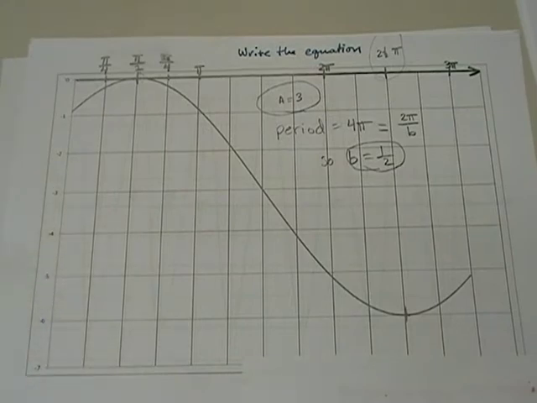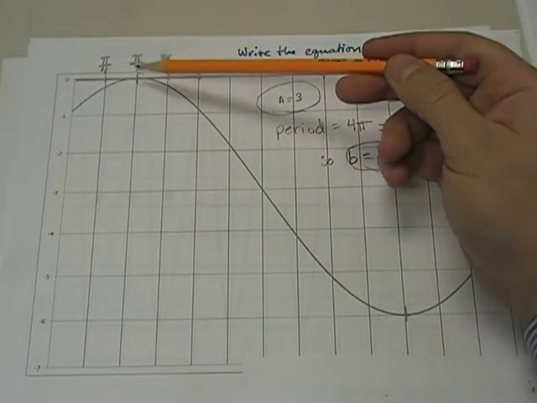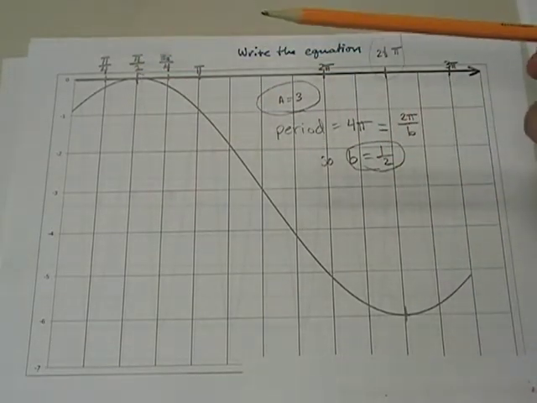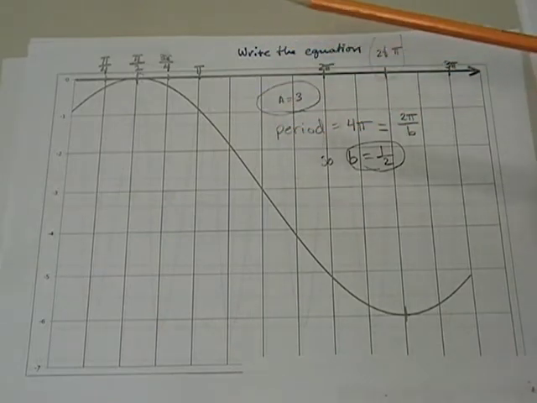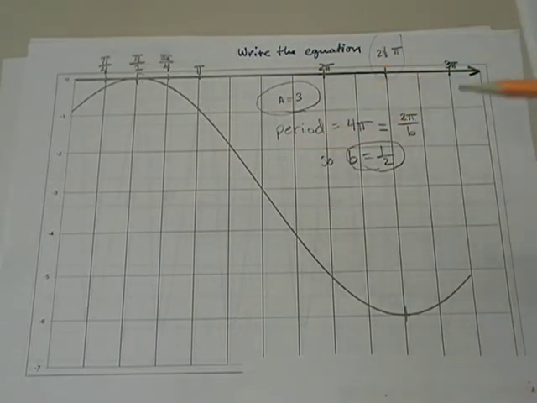The next one I like to do is d, which is the vertical translation or the vertical shift. Normally, if you have no vertical shift and the amplitude is 3, the maximum would be at +3 and the minimum would be at -3. However, my maximum is at 0. So it should be at 3 and it's moved down to 0. It's moved down 3 units.